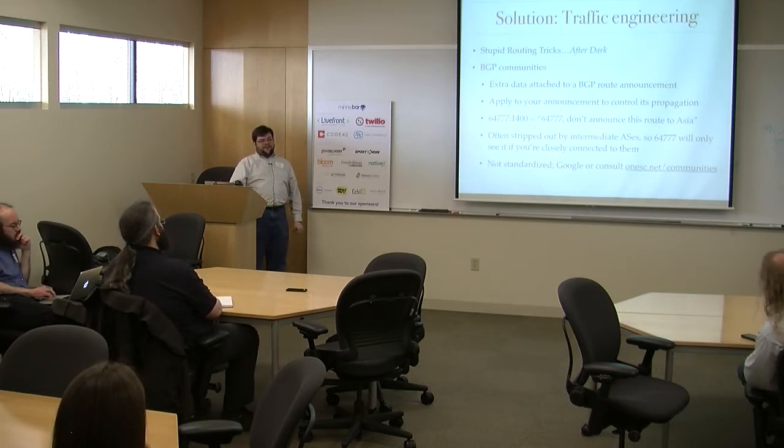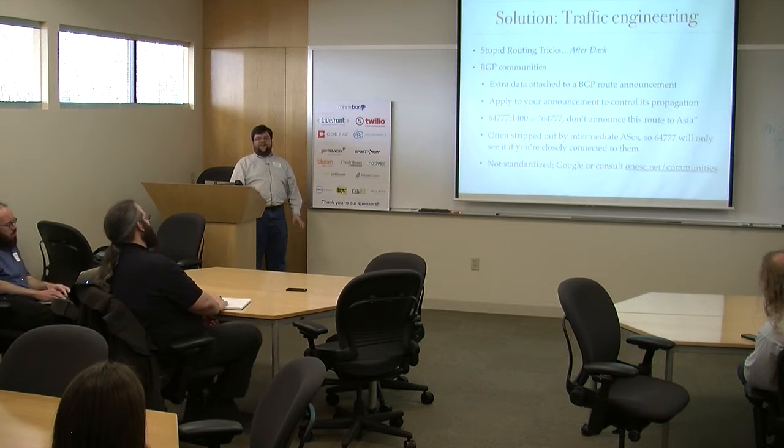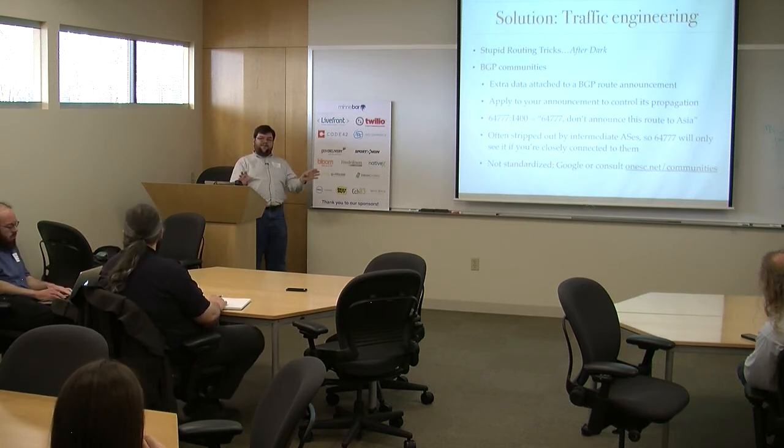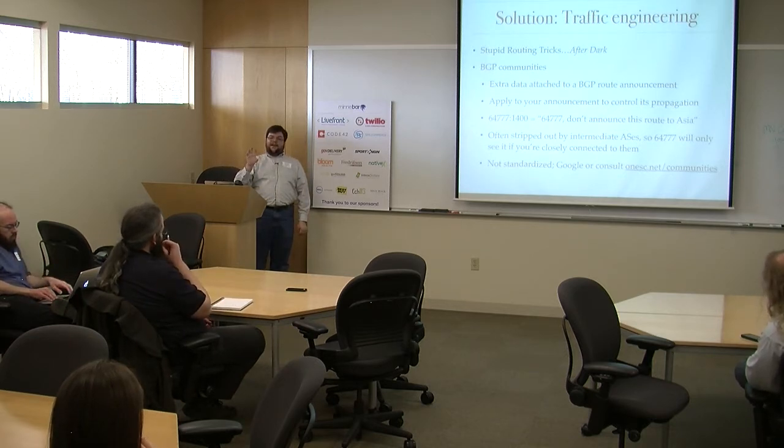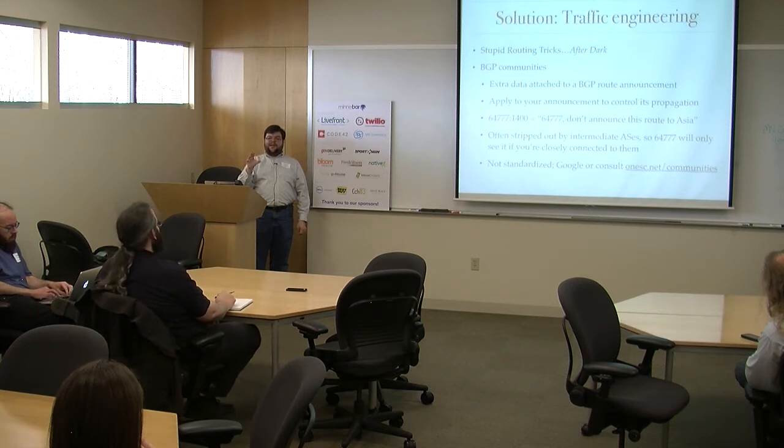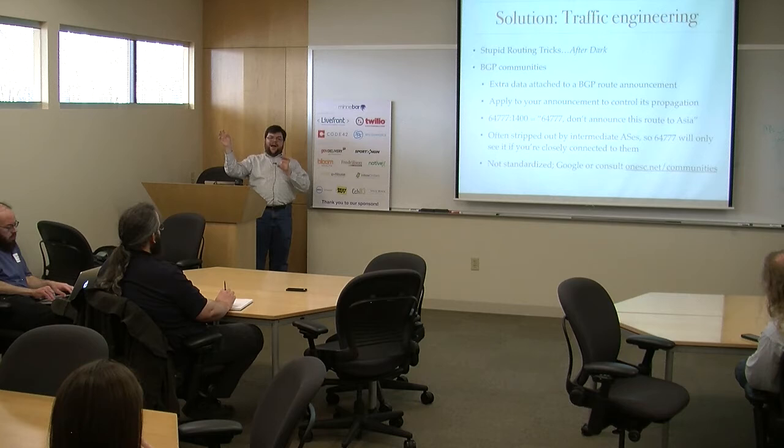So one way you can do this in a situation like mine, where you're working with lots of small ISPs, you have no direct connections to global carriers, is you can look at the data attached to routes and say, OK, this route is coming in from Europe, but I'm a node in Australia. I don't even want to think about using this route, so I am going to ignore it.